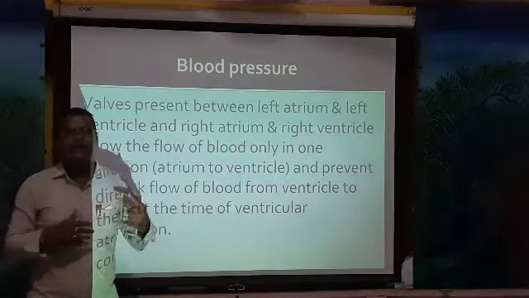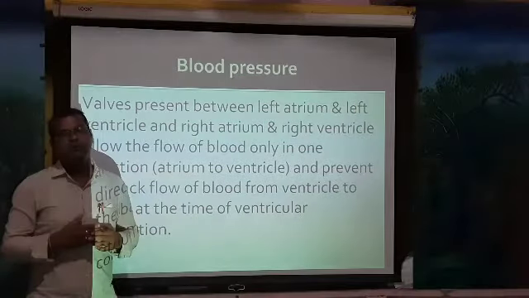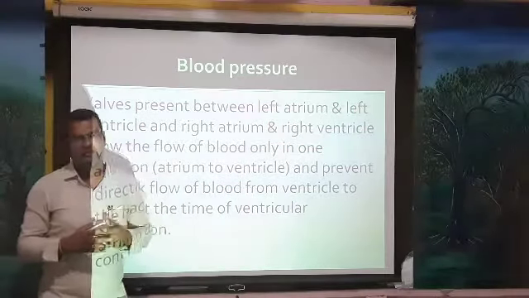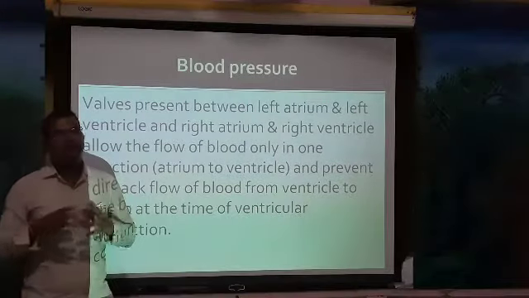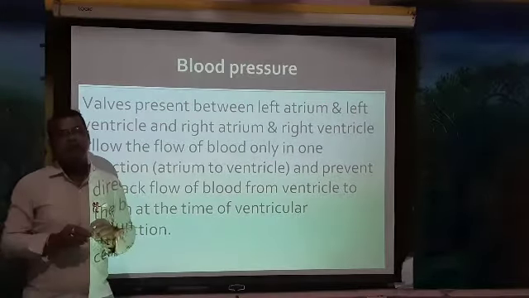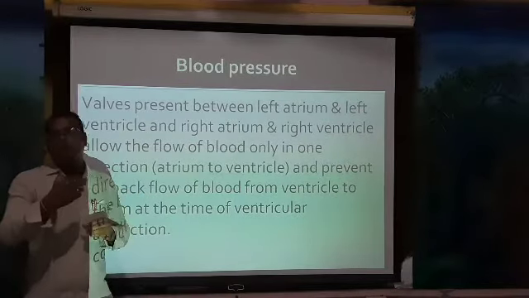They are called the tricuspid valve and the bicuspid valve. The bicuspid valve is present between the left auricle and the left ventricle. The tricuspid valve is present between the right auricle and the right ventricle. These valves prevent the backflow of blood from the ventricle to the auricles.